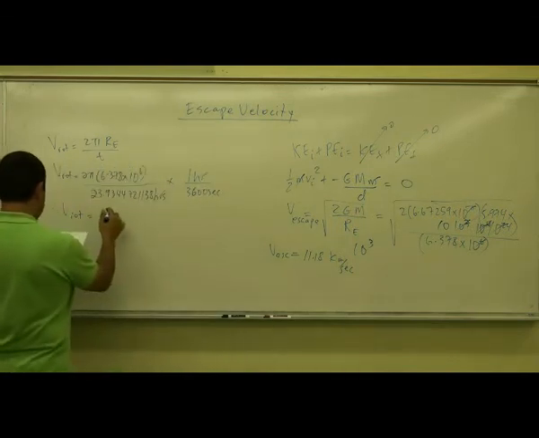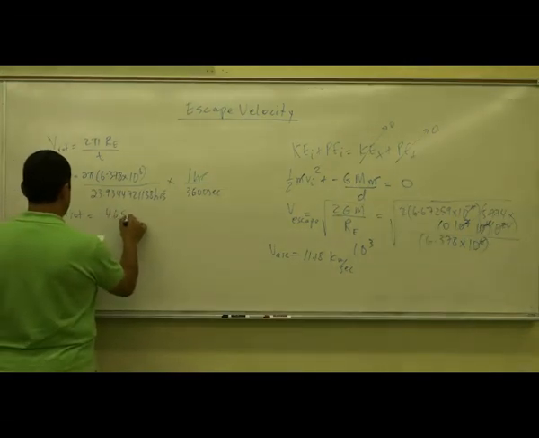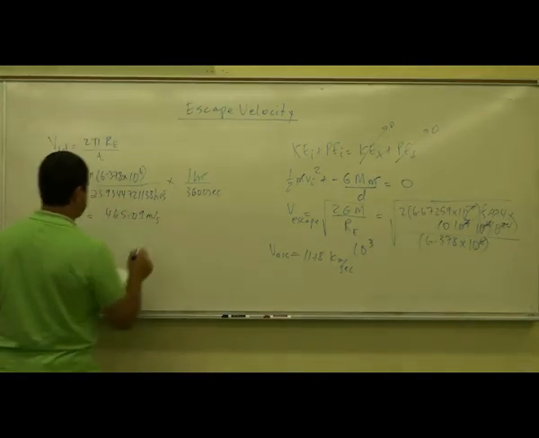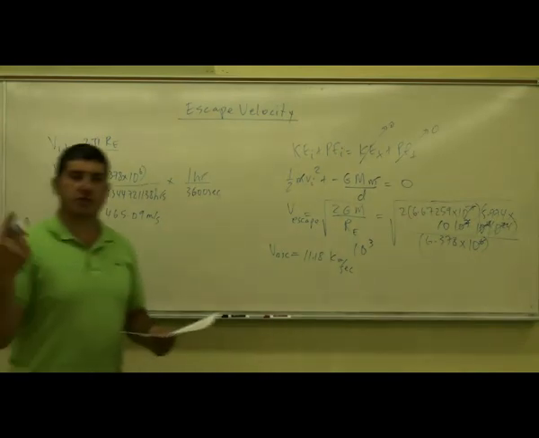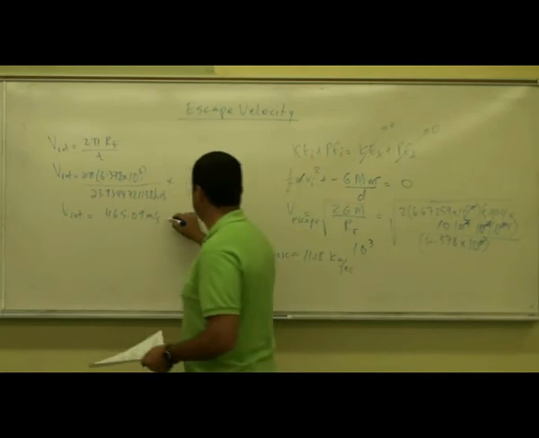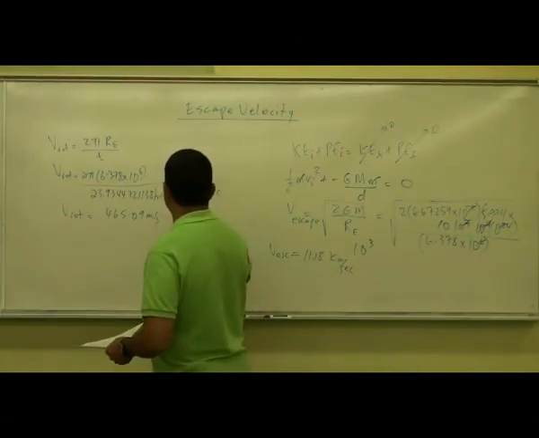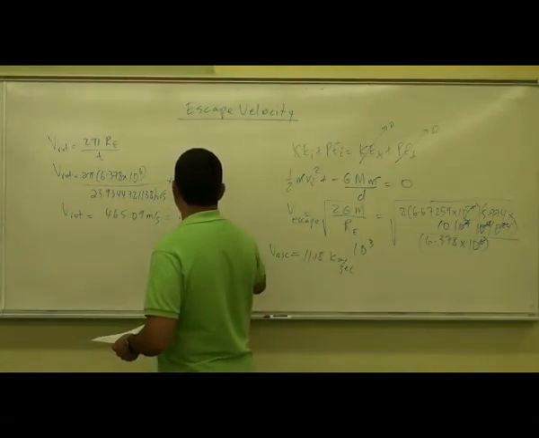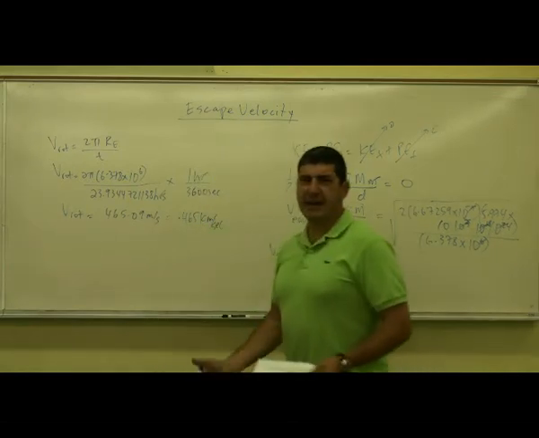And then you're going to end up getting 465.09 meters per second. So the velocity of rotation at the equator of the Earth is that much. In kilometers per second, that gives you 0.465 kilometers per second. So it's about a half a kilometer per second.